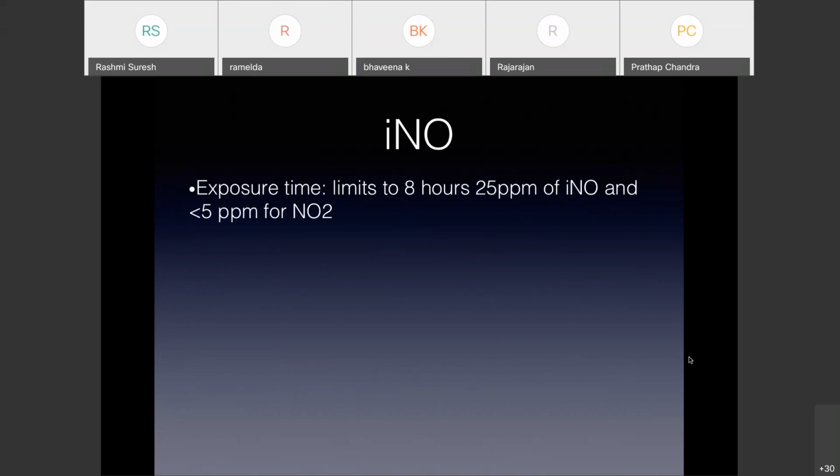And when you look at the exposure time, that's what we suggest to all our nurses as well as the doctors. You limit your exposure time to 8 hours or less, especially when you're using nitric oxide up to 25 parts per million, and your exposure to nitrogen dioxide should be less than 5 parts per million. So what we get is commercially available nitric oxide.